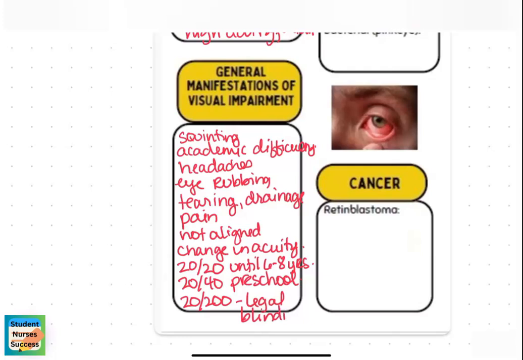Legal blindness is defined as vision 20/200 with correction. So if you have 20/200 without correction, but you can be corrected or have glasses that help you see better than 20/200, then you would not be legally blind. So someone who's legally blind can only see 20/200 or even worse with all the correction that's possible.